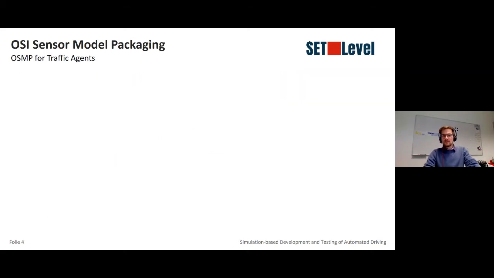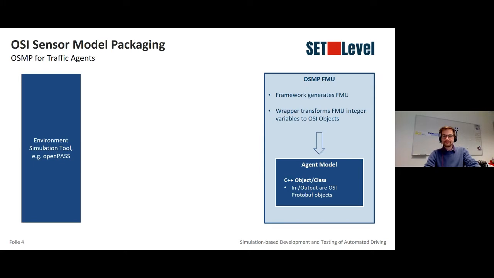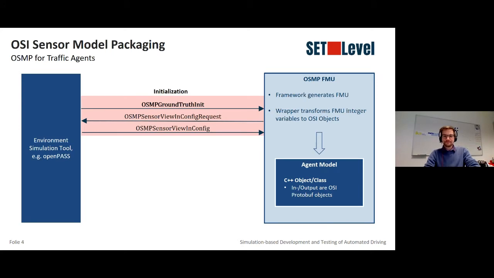Now let us have a closer look at the OSI messages which are exchanged between the simulation environment and the traffic agent. You see on the left-hand side the environment simulation, in this case OpenPass, for example. On the right-hand side, the traffic agent FMU is shown. The interface messages are divided into 2 stages.